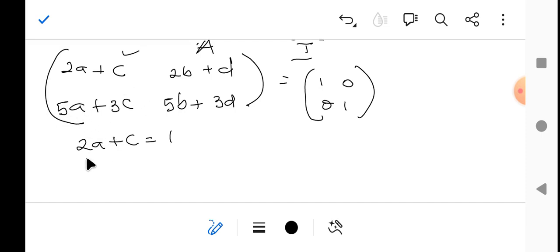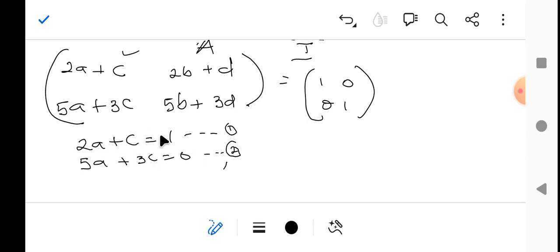We now have 5a plus 3c is equal to 0, right? So what can you see from here? Let's just consider these two equations. Let's name them equation 1 and equation 2. We can solve these simultaneously, right? I think we can solve these simultaneously.